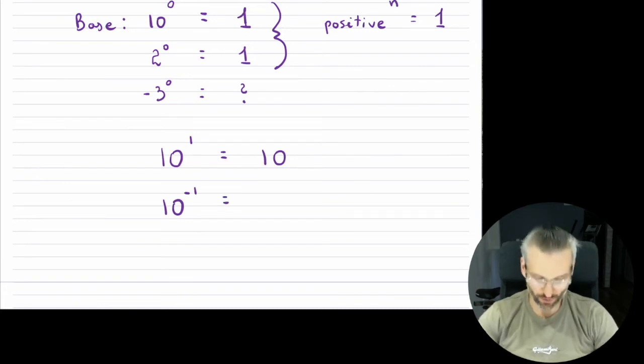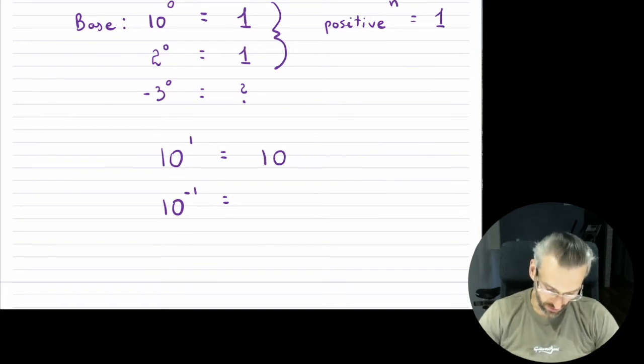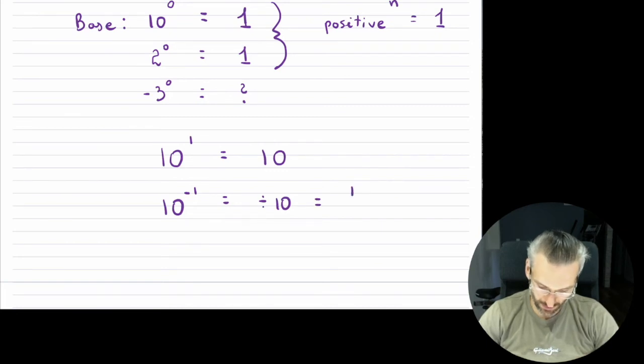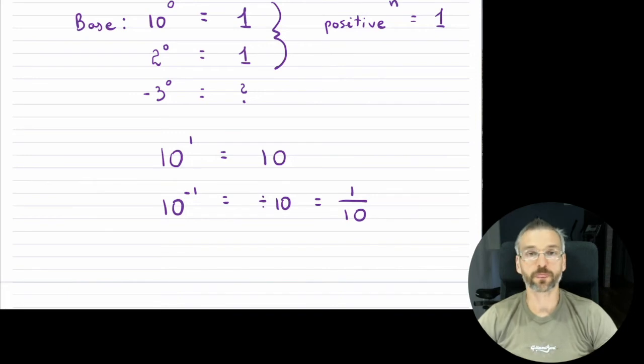Well, from what we just did, you would say this is dividing by 10 one time. So we basically are dividing by 10, or we can just simply write division in this way. Okay? So that's what we have there.